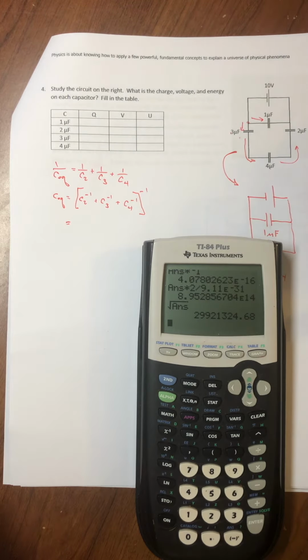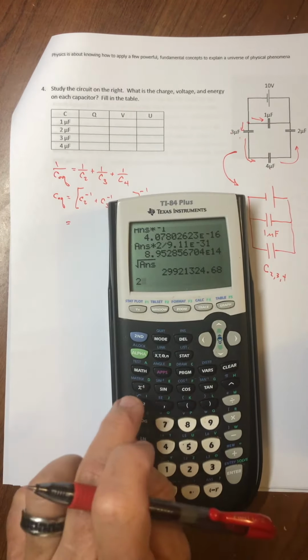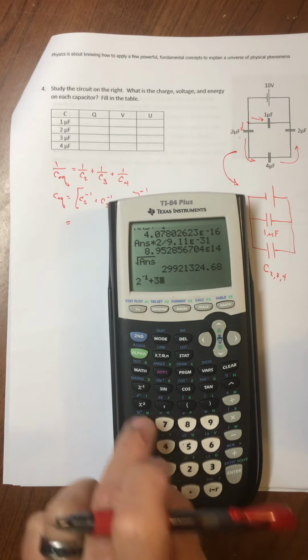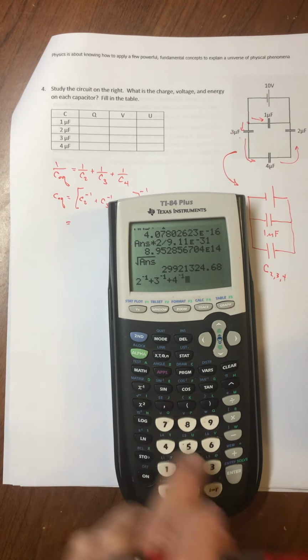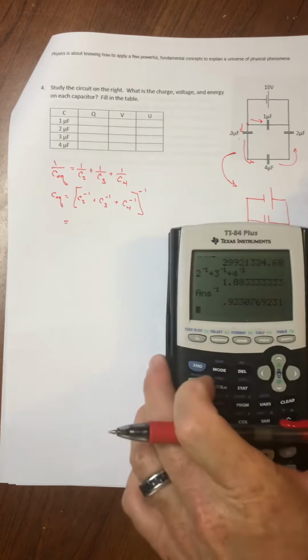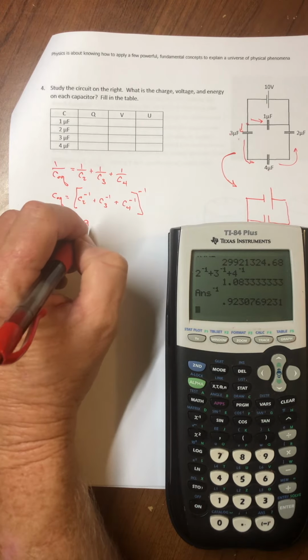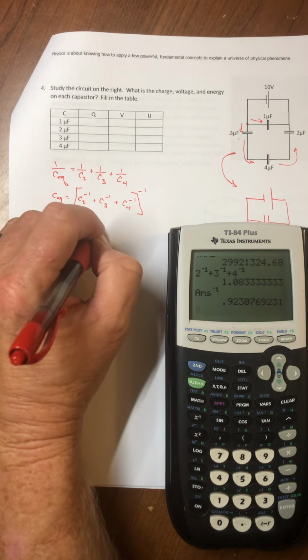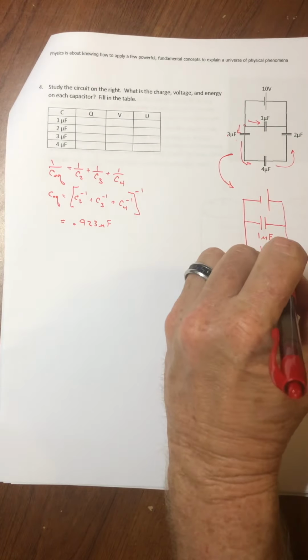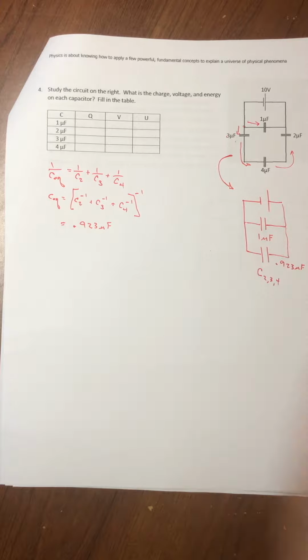All right, so if I do a 2 reciprocal plus a 3 reciprocal plus a 4 reciprocal, hit enter and take the reciprocal of that, I'm thinking that the equivalent of those 3 is 0.923 microfarads. So I'll even put that in my diagram here, 0.923 microfarads. Okay, got it.